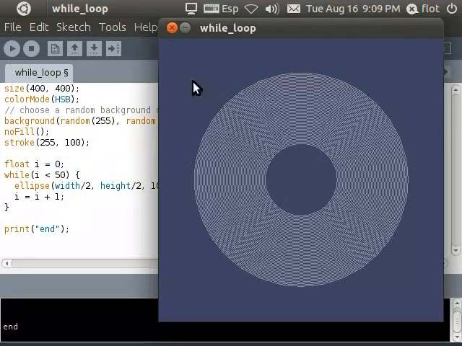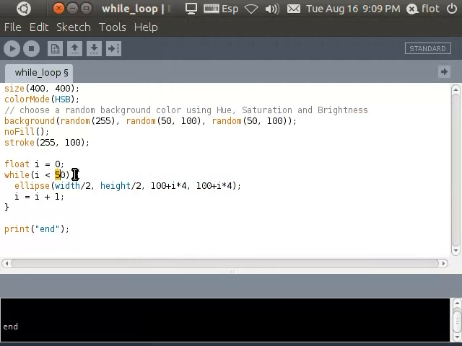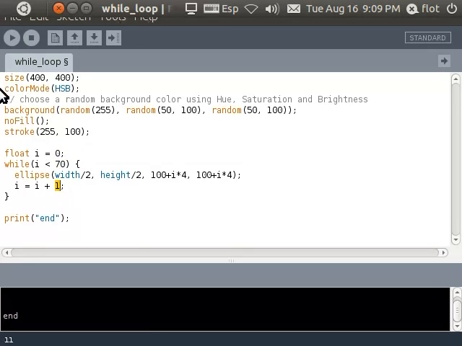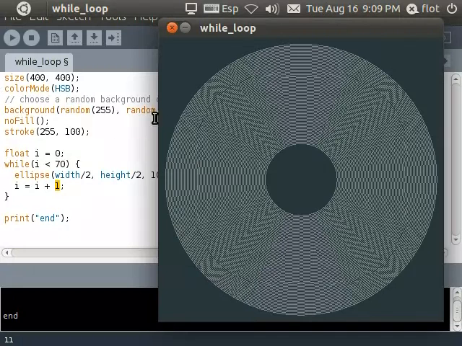We could continue to make the circle bigger, so maybe we don't stop at 50, but let's go up to 70. So we're gonna draw 70 circles now. We go from 0 to 70 one by one. That's really curious effects.